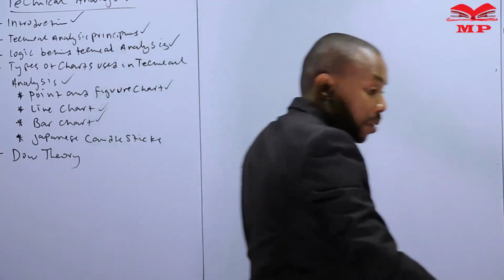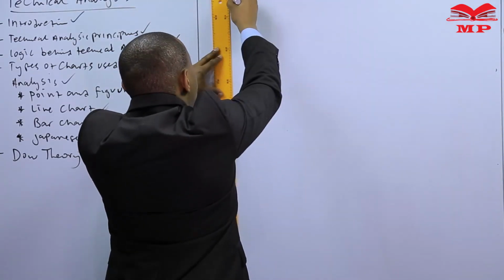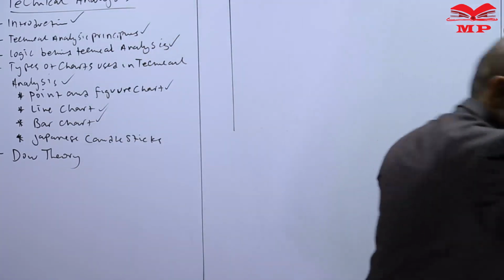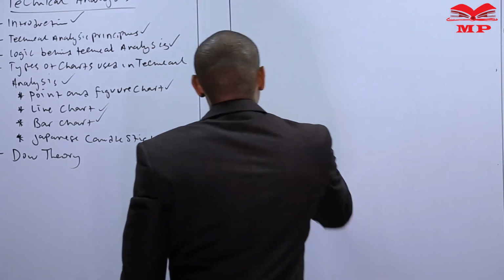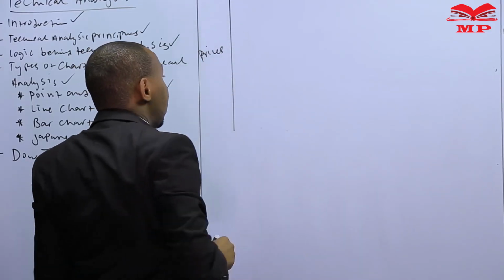The plot against price alone is the one that is used. So we are saying this is what we have like that, and then we don't have an x-axis there. We only have the y-axis here. So here you have price, prices of securities like that.